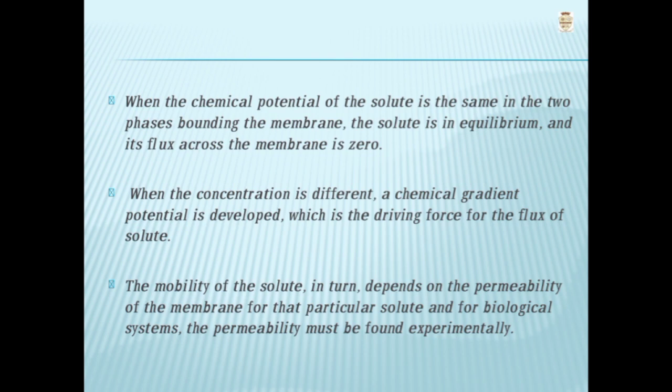When the chemical potential of the solute is the same on the two faces bounding the membrane, the solute is in equilibrium and its flux across the membrane is zero. When the concentration is different, a chemical potential gradient is developed, which is the driving force for the flux of solute.